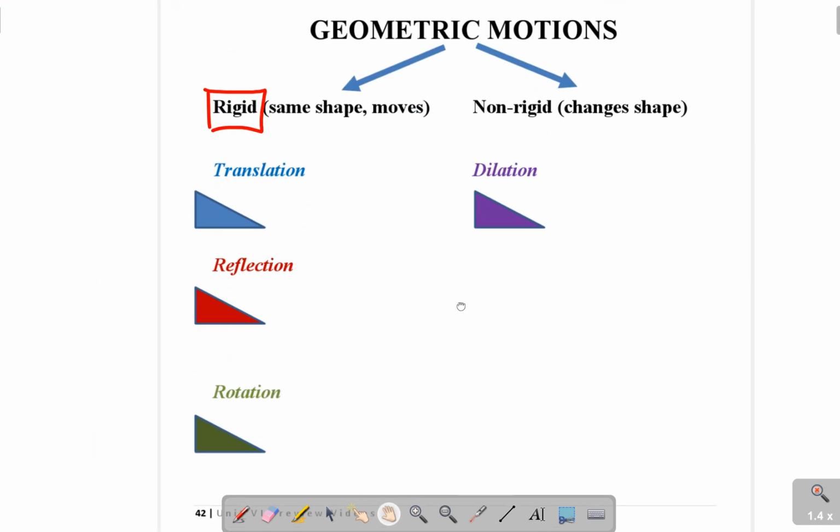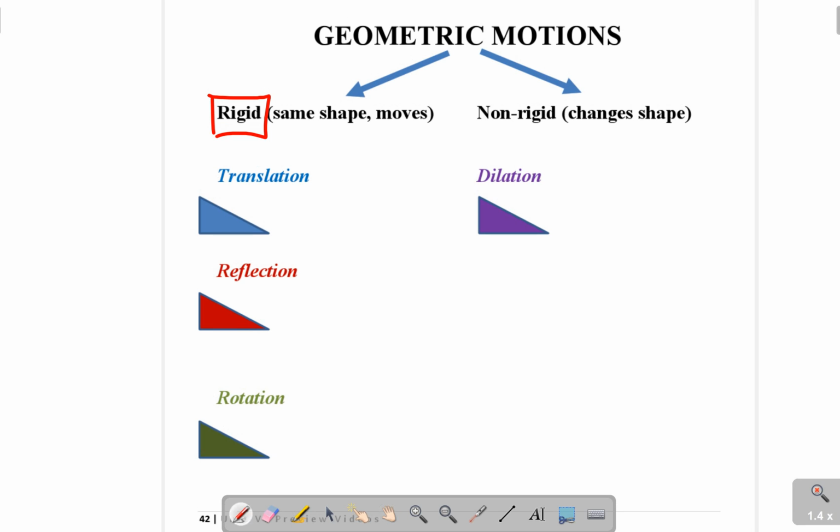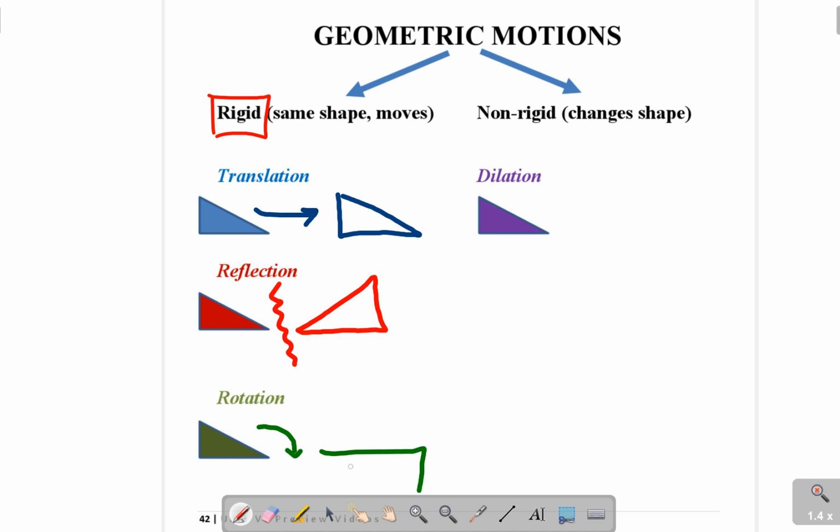So let's just do a quick recap. If we translate something, it means to slide. It stays the exact same shape. It just slides over. Reflection, again, the exact same shape. You just flip it over a reflective line. Rotation, some sort of turning motion going on. So it's turning. That is rotation.